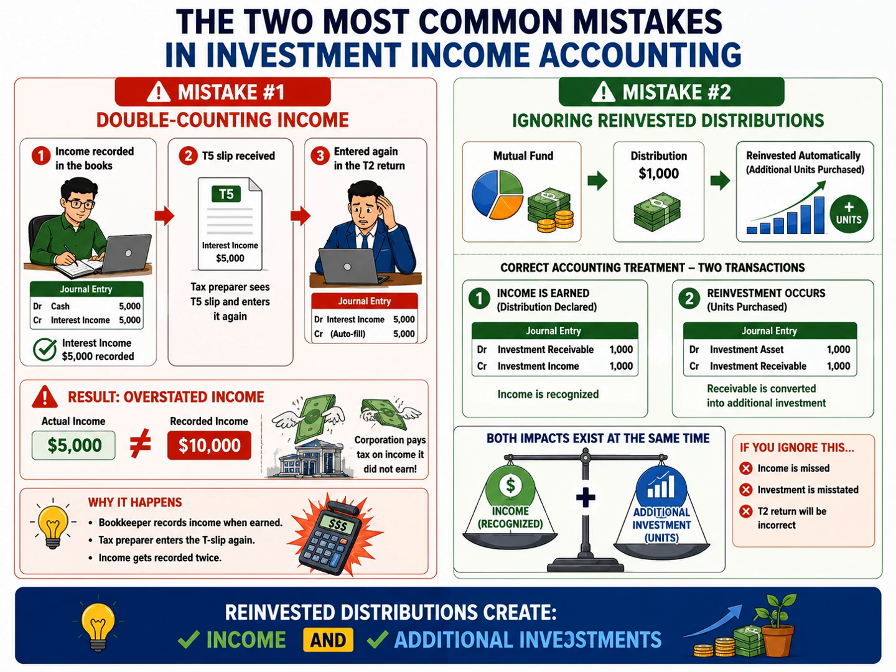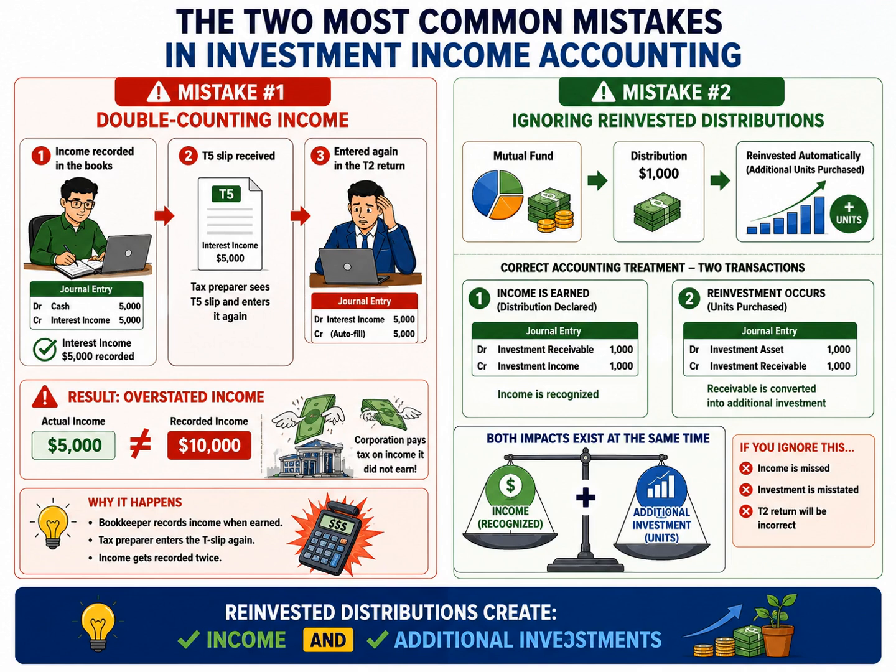Imagine that throughout the year, the bookkeeper has already recorded interest income as it was earned. For example, the corporation earns $5,000 of interest income, and the appropriate journal entry has already been recorded in the accounting records. Everything is correct so far. Then tax season arrives, and the corporation receives a T5 slip showing the same $5,000 of interest income.